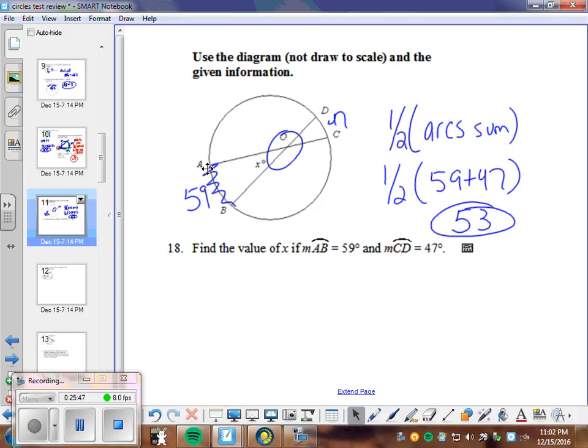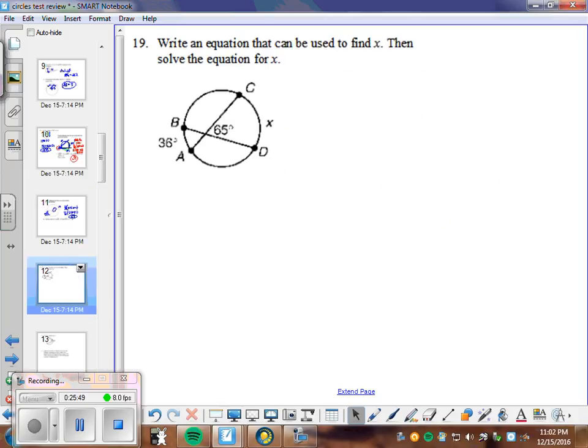How about 19 now? Write an equation that can be used to find x, then solve the equation for x. So you've got 65 equals x plus 36 divided by 2. This is where we multiply by 2 to get rid of this.